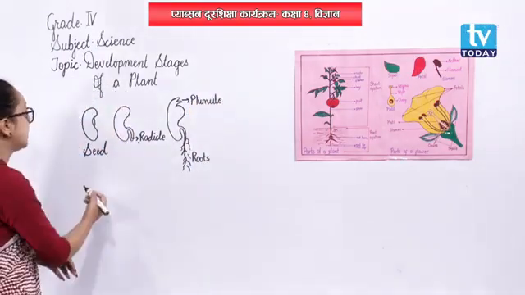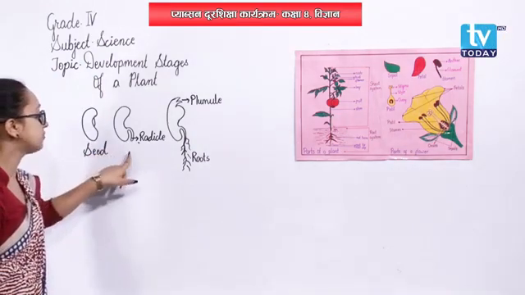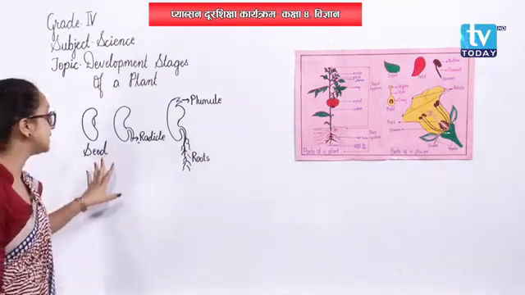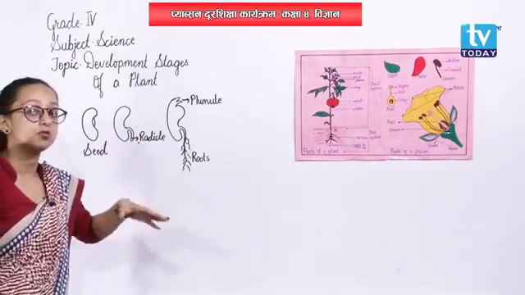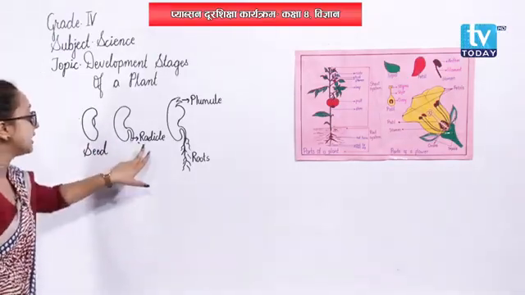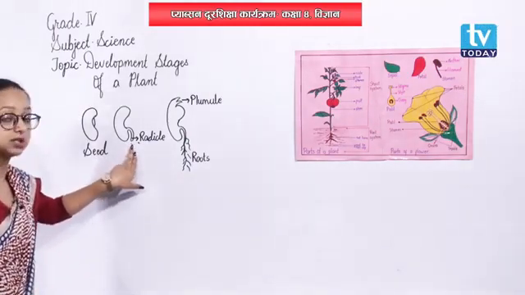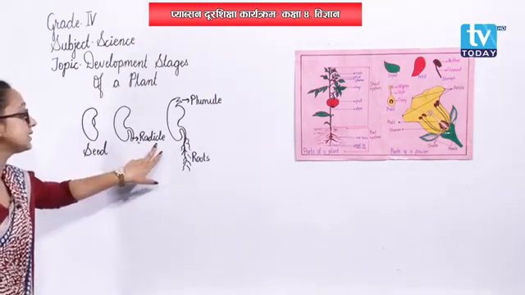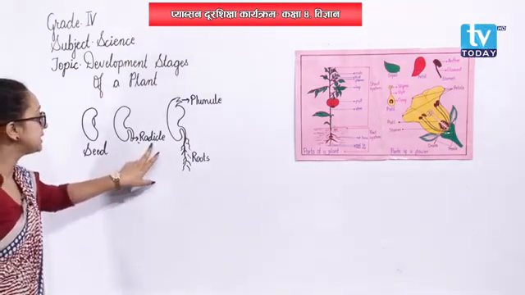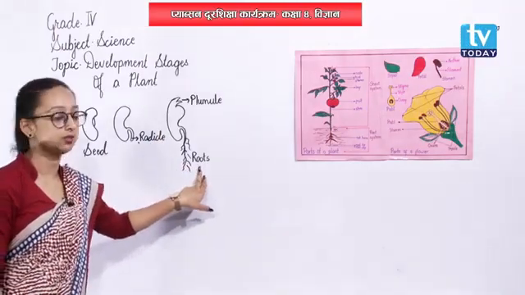See here students, a seed, after it is placed on the ground, then after some days, when it is nurtured with the proper amount of water and other requirements, it starts producing a small structure. That small structure is known as radicle, and after some days, the radicle starts growing into roots, okay.